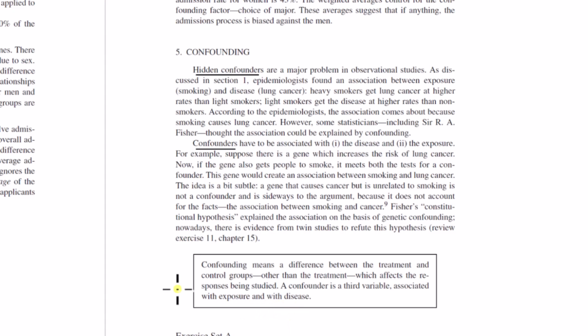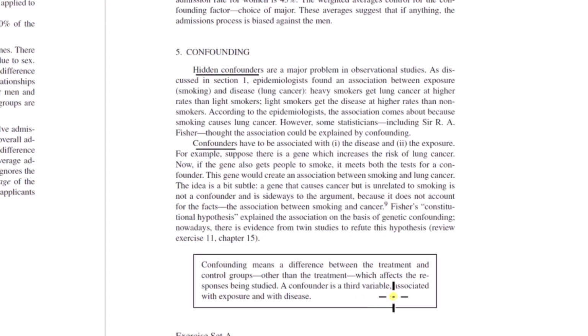Okay, so if we think about the polio case with the confounding variable of the lower income family students versus higher income family students, how is that confounding? If you had low income family students whose parents didn't consent be the control group, and the consenting mostly high income family students being the treatment group, well, it affects the responses being studied because lower income students are more immune to the disease compared to the higher income.